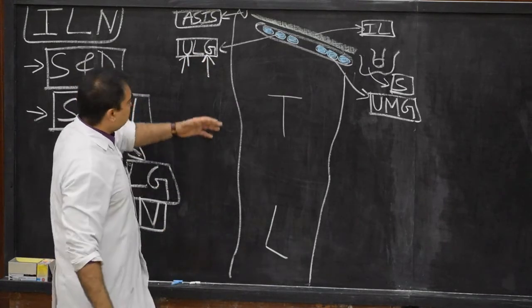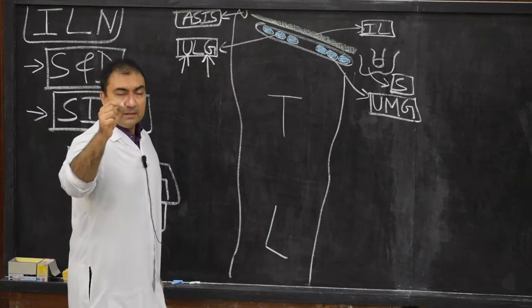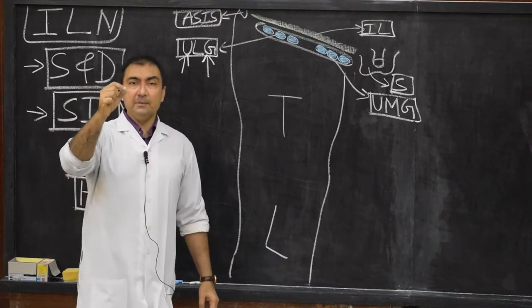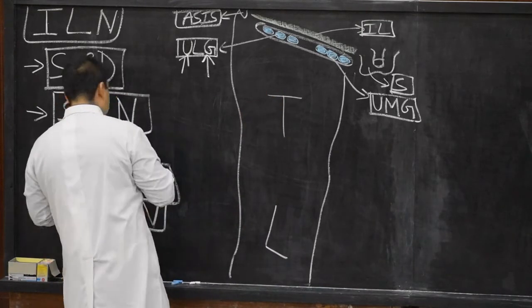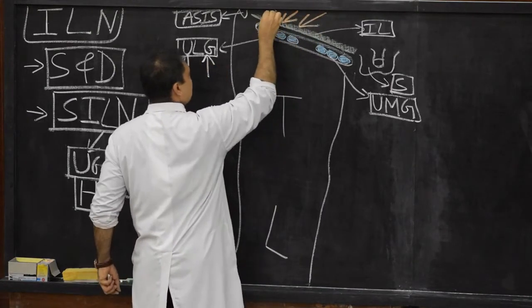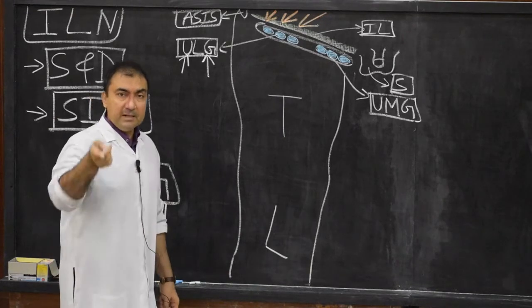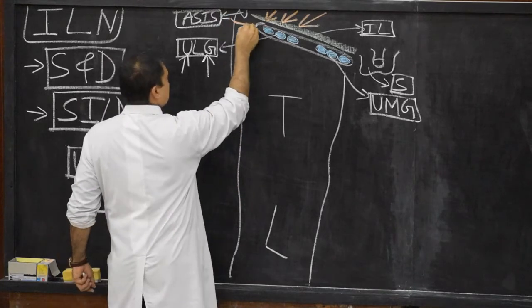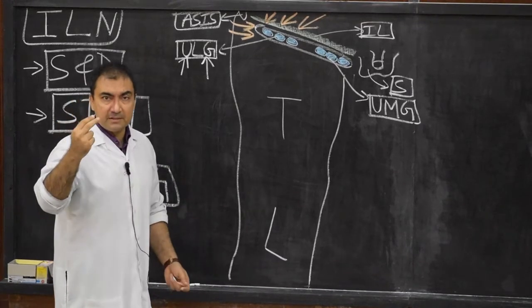The upper lateral group will receive lymphatics from number 1, the anterior abdominal wall below the umbilicus, which is the infraumbilical part of the anterior abdominal wall, which I will show with orange arrows. This is how the lymphatic drainage comes from the infraumbilical part of the anterior abdominal wall. And number 2, it will also receive lymphatic drainage from the gluteal region. These are the two areas of drainage.